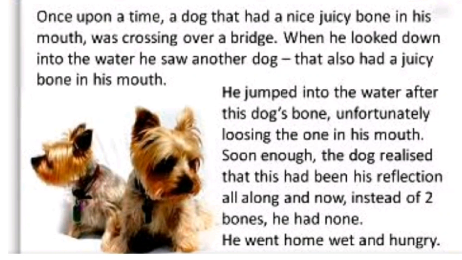So, after doing the foolish act, soon the dog realized that that was not another dog but his own reflection in the water of the stream. So, he lost his meal for his greediness. Now, instead of two bones, he had none.